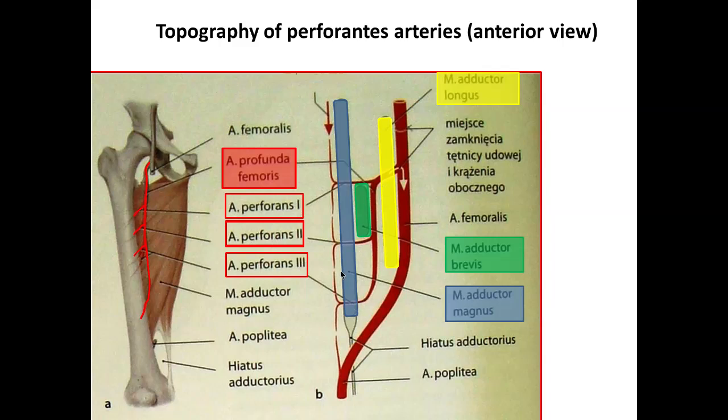So all three vessels should be found in the posterior view, on the posterior surface, and they again branch into small arteries, nourishing the posterior muscles of the thigh.